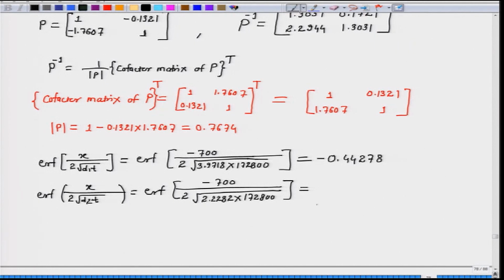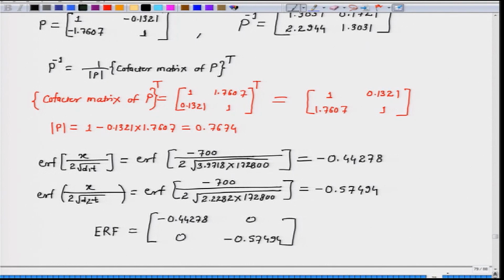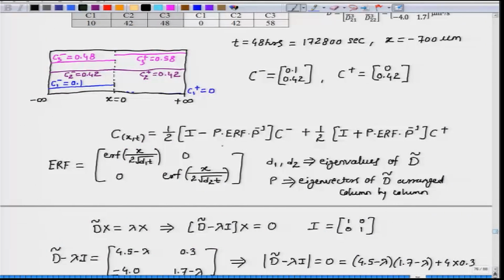Again, referring back to the error function table, we will find the error function of this to be minus 0.57494, and so our matrix ERF comes out to be minus 0.44278, 0, 0, minus 0.57494.